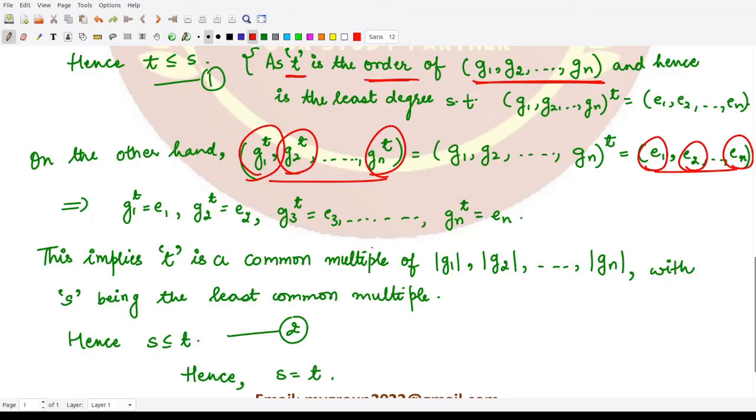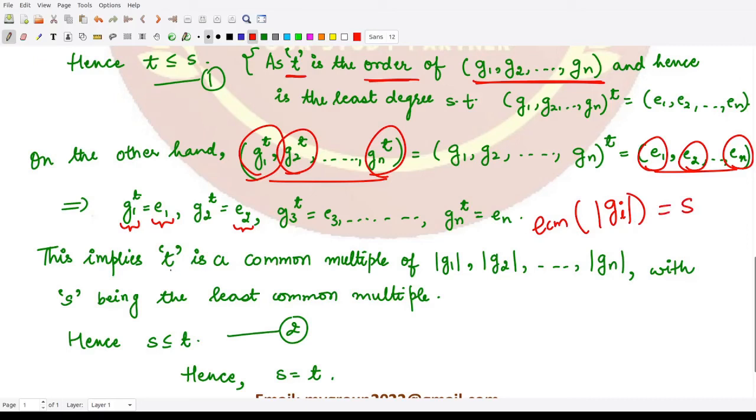So from all of this, we can clearly see that when we raise g1 to the power t, we would have e1. And when we raise g2 to the power t, we would have e2. However, what is the order of each of the gi? We do not know the order of each of gi. However, we know the LCM here. The least common multiple of all the orders, that is s.